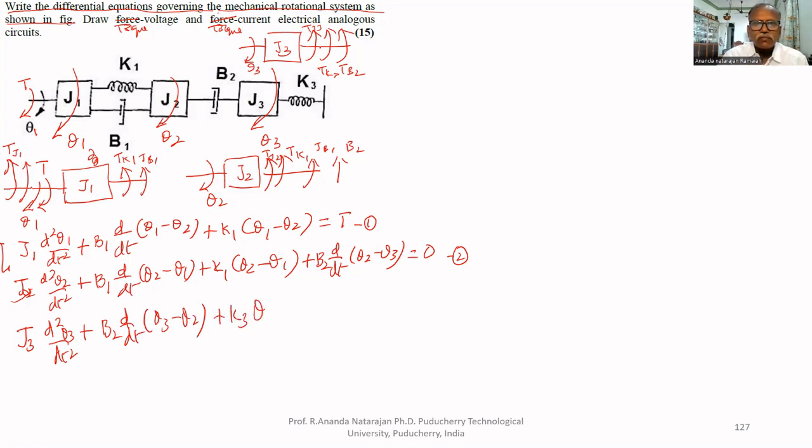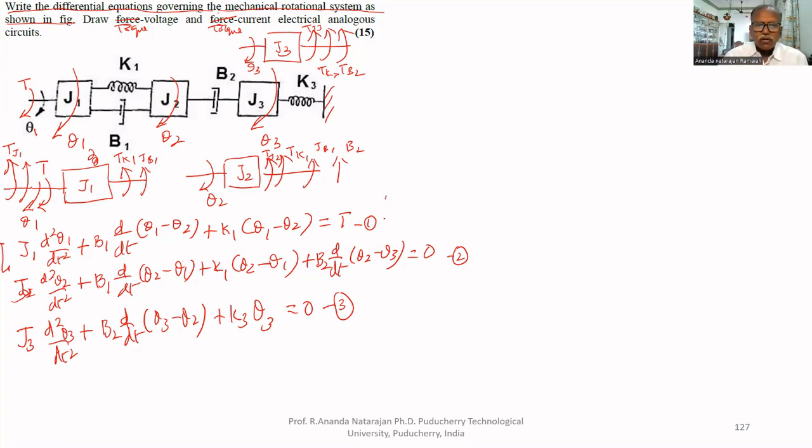One end is fixed for k3, that's why only theta 3, equal to 0. This is the third equation. The first part of the question is over.